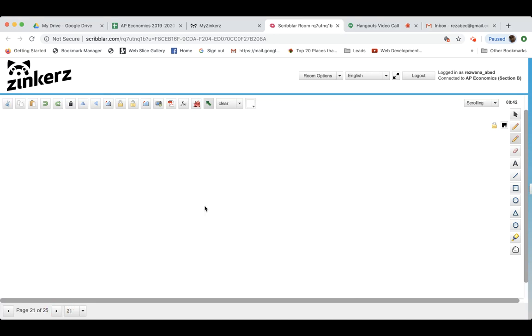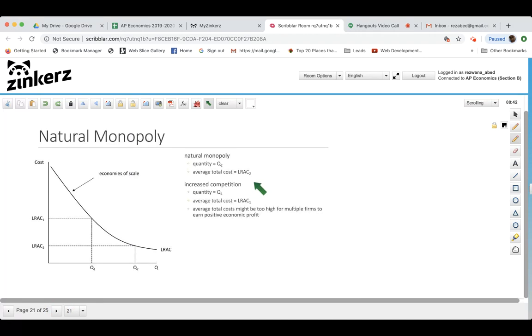This idea of natural monopoly, or why it is better for there to be one farm, comes from economies of scale. Do you guys remember what were some examples of natural monopolies that we talked about?